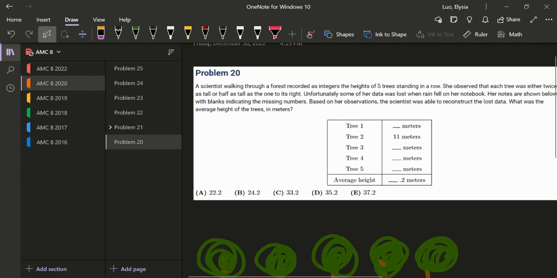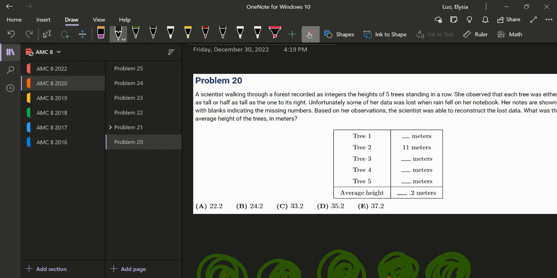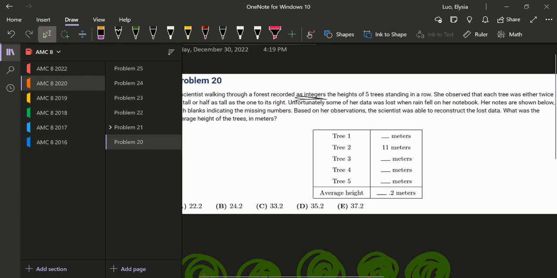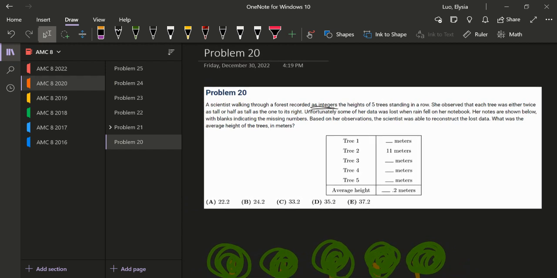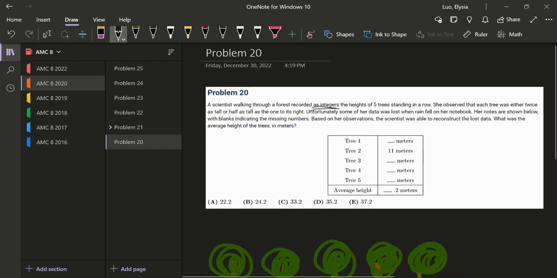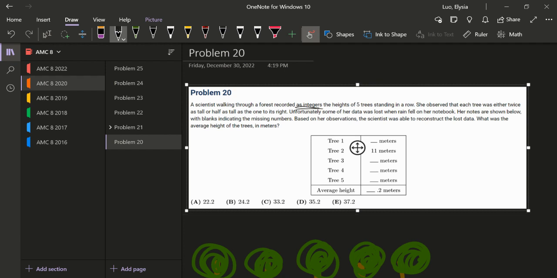Okay, now let's read the question again, but let's underline some keywords as we read this time. A scientist was walking through a forest and recorded as integers the heights of the 5 trees standing in a row. She observed that each tree was either twice or half as tall as the one to its right.